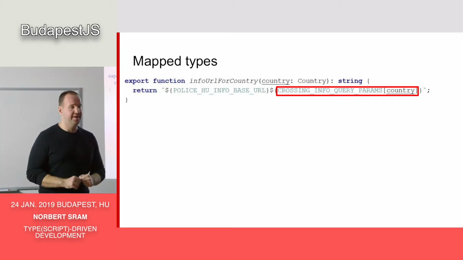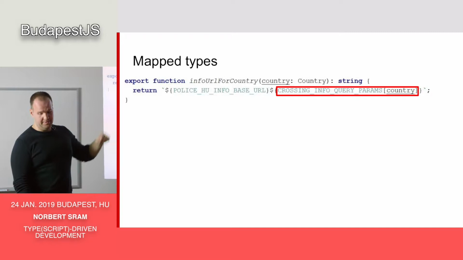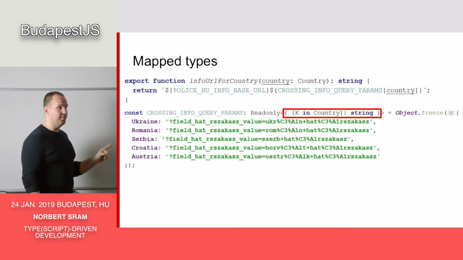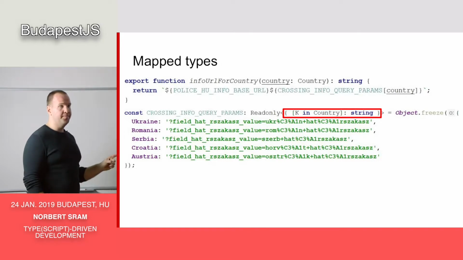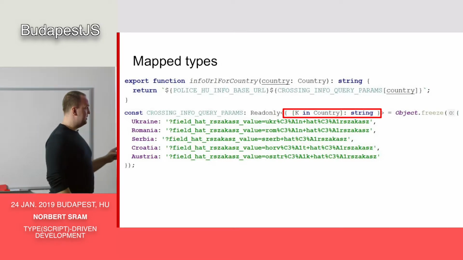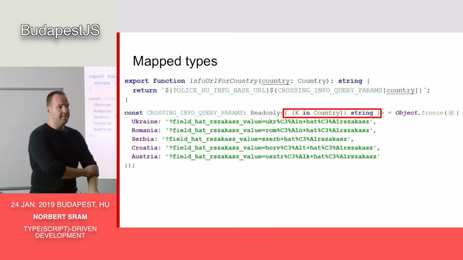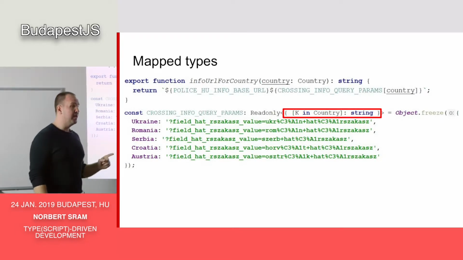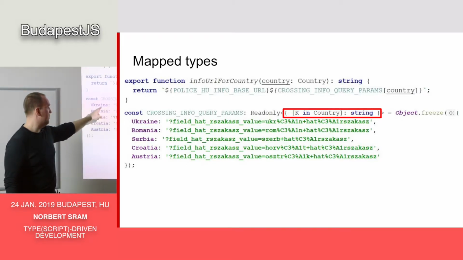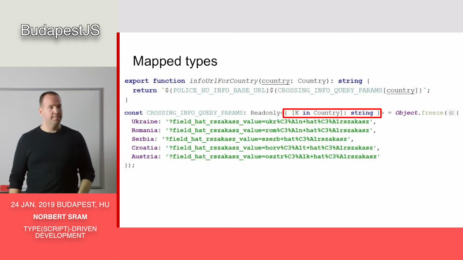It's going to return a value for me. It's going to return a URL string. The reason I'm sure about that is again due to how you define your types. Now my magical lookup table is actually declared that it must have a key for all country entries.